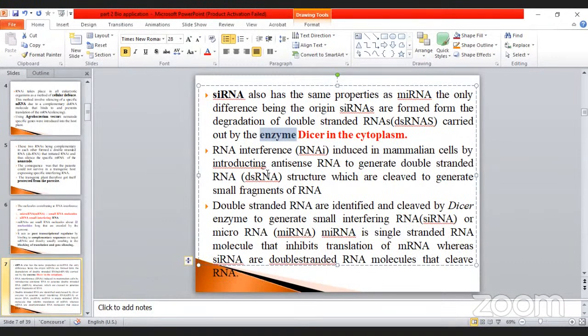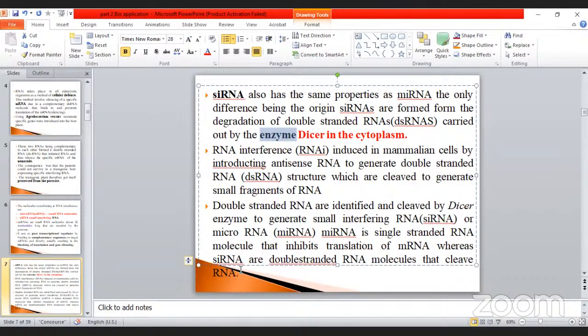The double-stranded RNAs are identified and cleaved by the dicer enzyme to generate small interfering RNAs or microRNAs. A microRNA is a single-stranded RNA molecule that inhibits the translation of mRNA, whereas siRNA is a double-stranded RNA molecule that cleaves RNA.